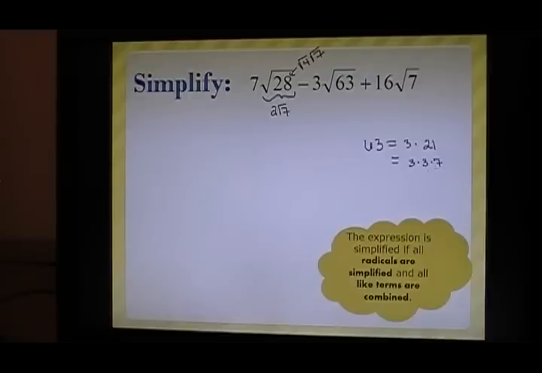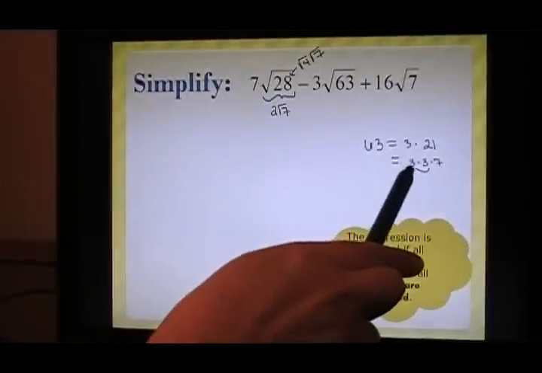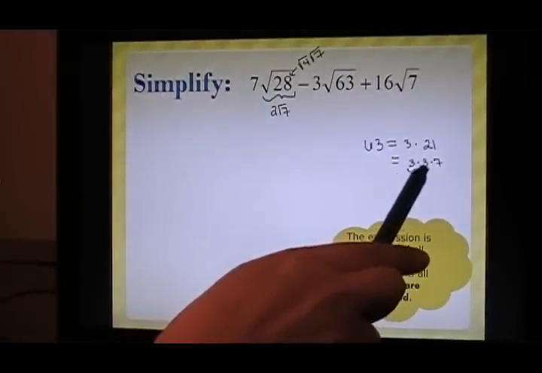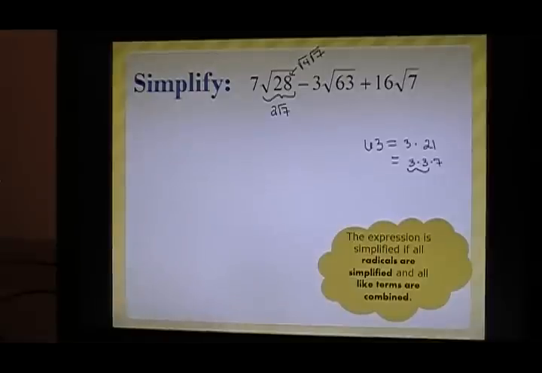Everything is broken down, but remember what I was saying before. If you're trying to simplify square roots, if you're multiplying a number by itself, you are going to create a perfect square, right? So that 3 times 3 in the list produces a perfect square of 9. So now I can see, oh, well, that's my perfect square.